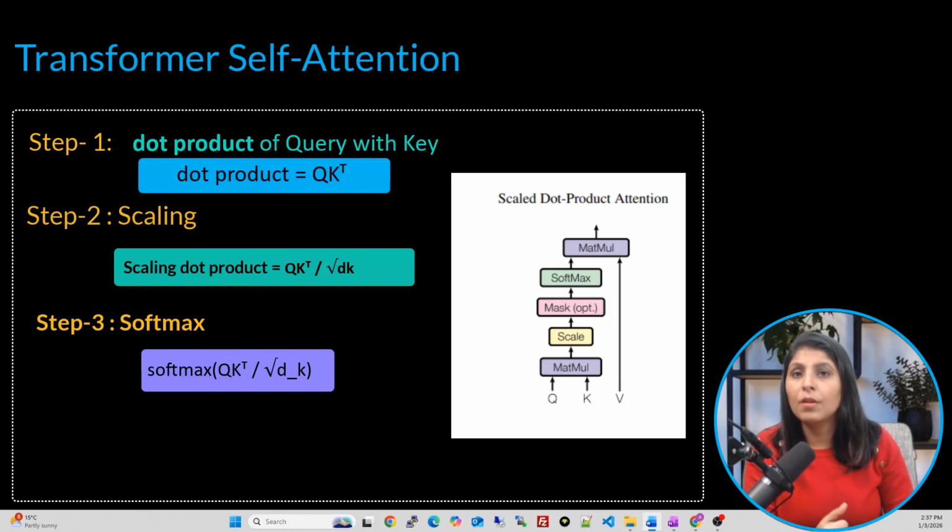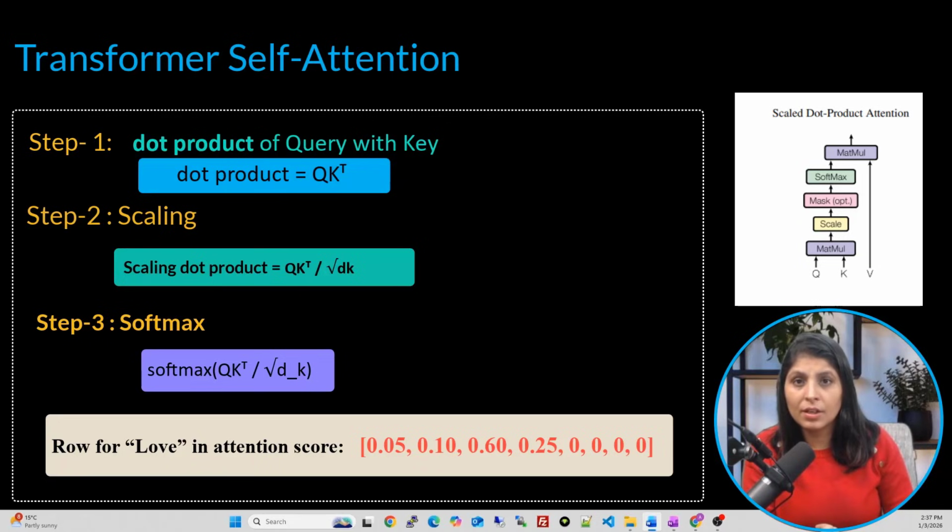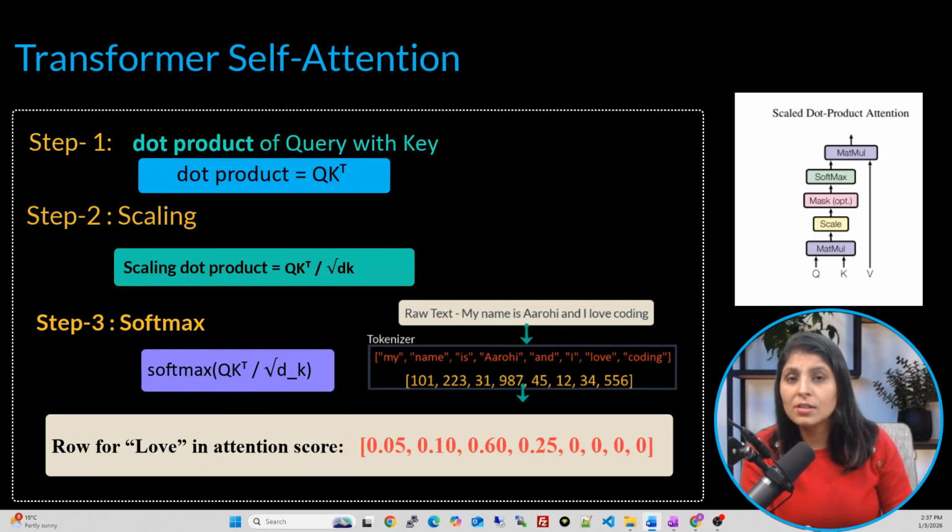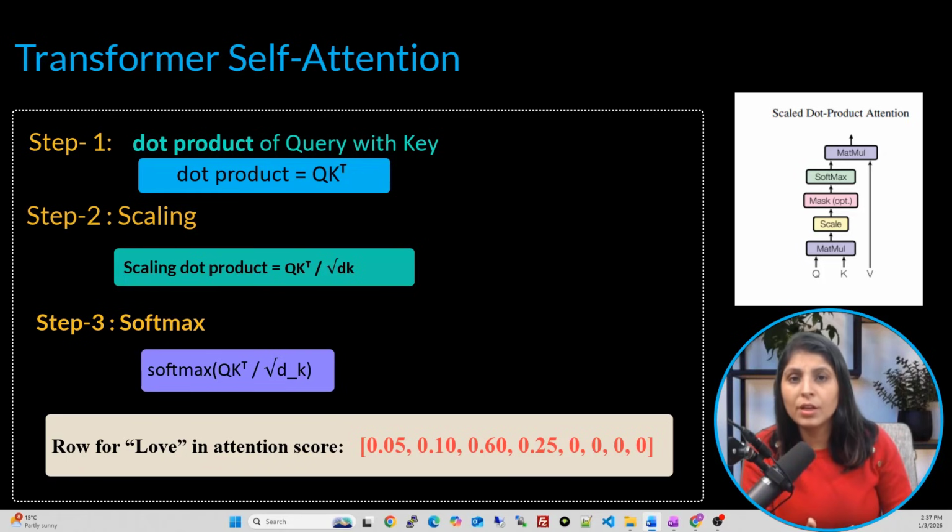So for example, for row love, these are the attention scores, 8 attention scores. Guys, why do we have 8 attention scores? Because we have 8 tokens in our sentence and we want to calculate the attention scores for all the 8 tokens. It means we want to teach our model how much attention it should give to each token.